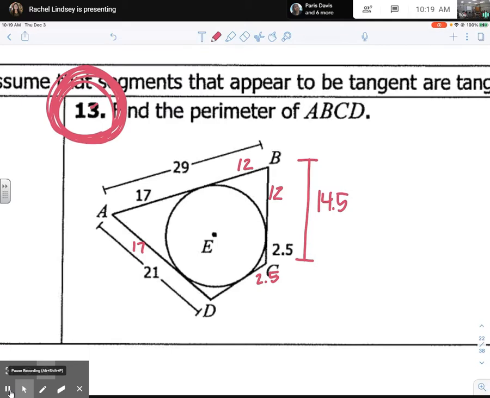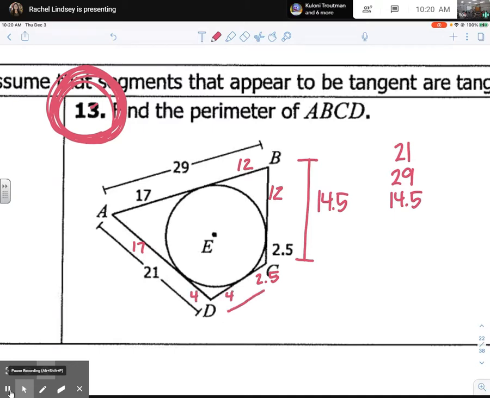So right now, I have this side is 21, this side's 29, this side's 14.5. I need to find this whole side. So if this is 17 and this is 21, 21 minus 17 will give me this little part. 21 minus 17 is 4, so this part's 4.